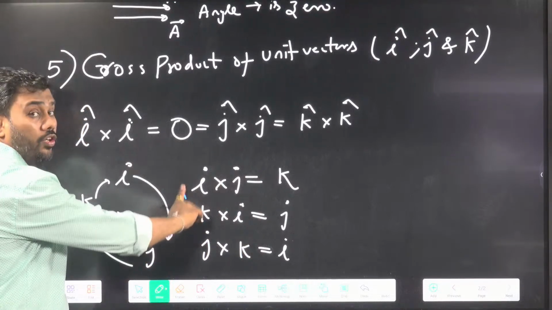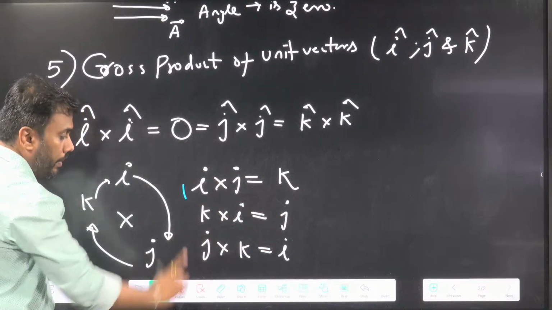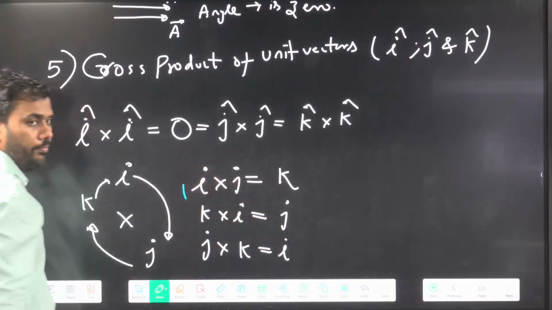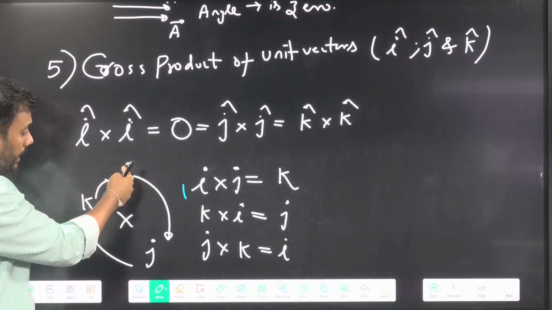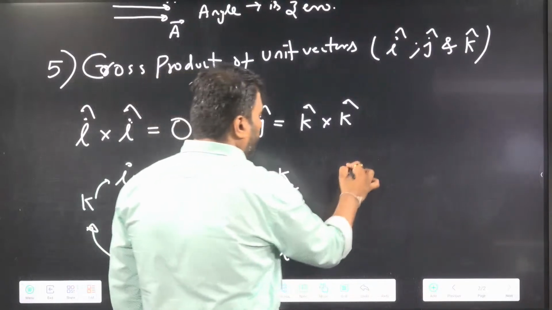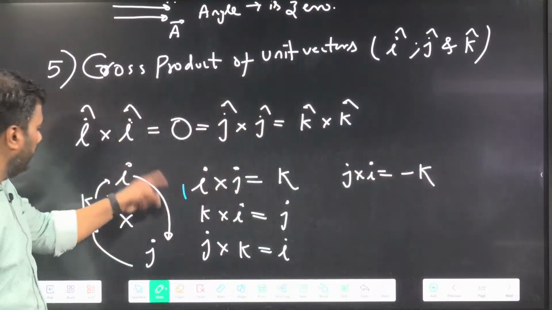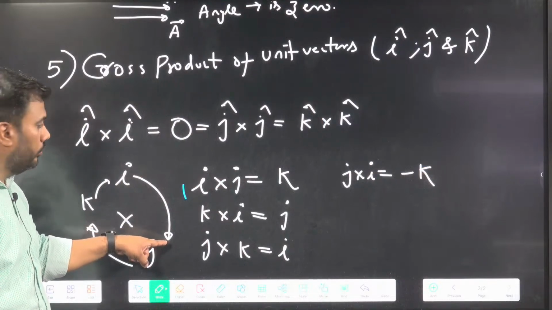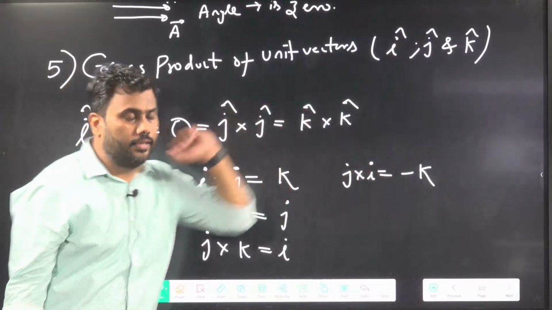Okay. Perpendicular of i and j is k. Perpendicular of k and i is j. Perpendicular of j and k is i. But if you go in the anti-clockwise direction, you will get a negative sign. j cross i is minus k. i cross j, you are going in the positive direction, so you will get plus k. But j cross i gives minus k.